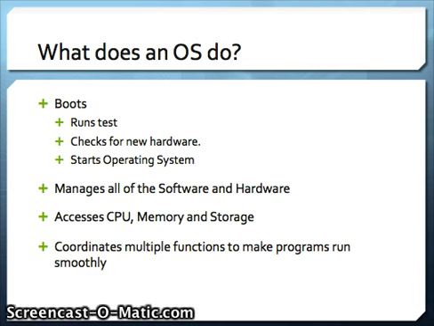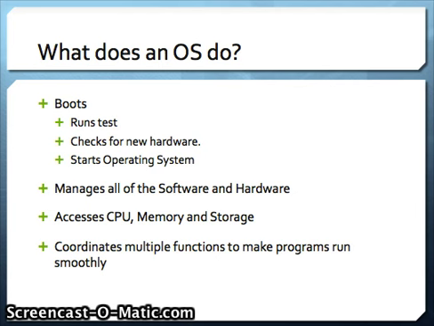So what does an operating system do? The first thing, when you hit the start button on your computer, is that it boots your computer. When the computer's booting, what it's doing is running tests to make sure that your computer's functioning properly. It checks for new hardware, and it also starts up or boots your operating system.